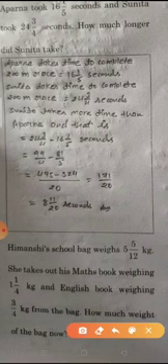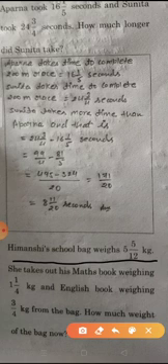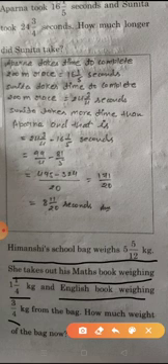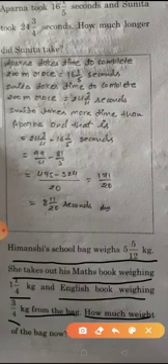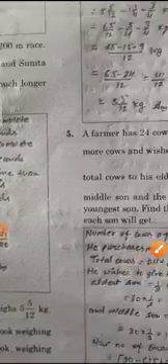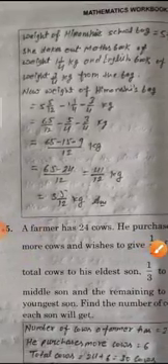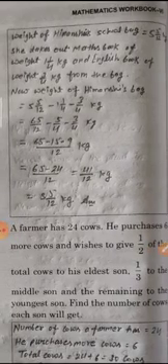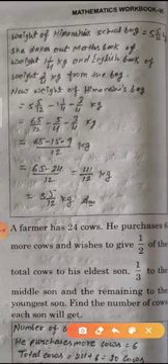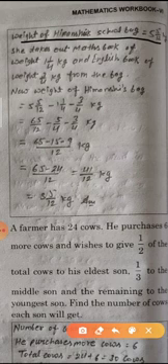Question number 4. Himanshi's school bag weighs 5 whole 5/12 kg. She takes out her math book, which weighs 1 whole 1/4 kg, and her English book, which weighs 3/4 kg, from the bag. What is the weight of the bag now? The solution is: the weight of Himanshi's school bag is 5 whole 5/12.